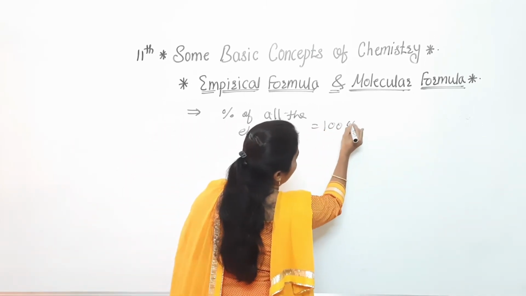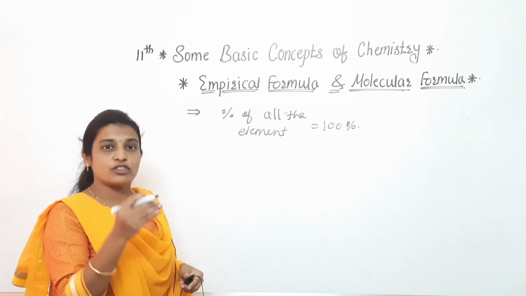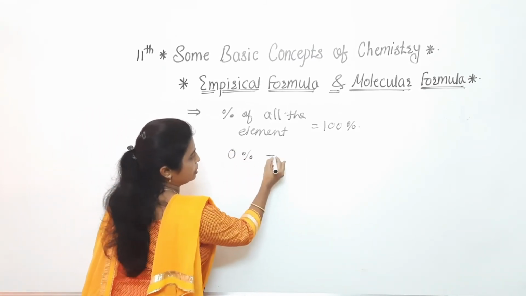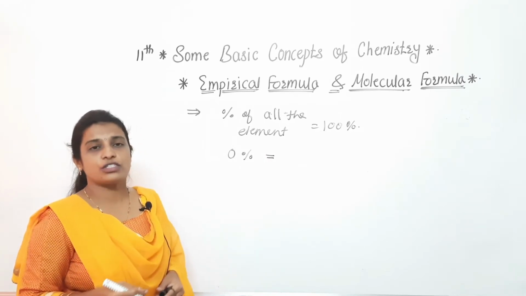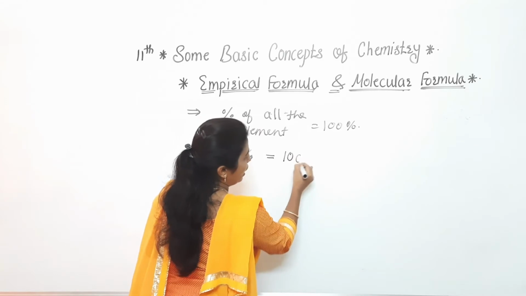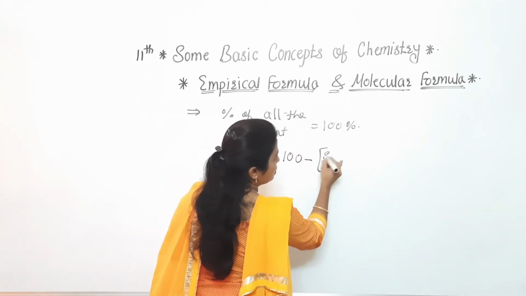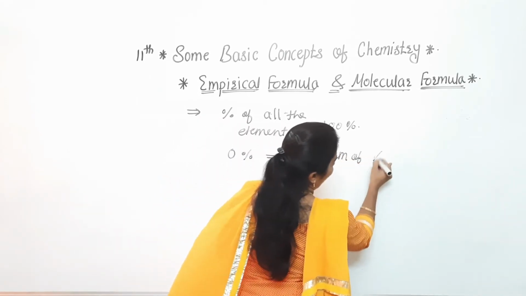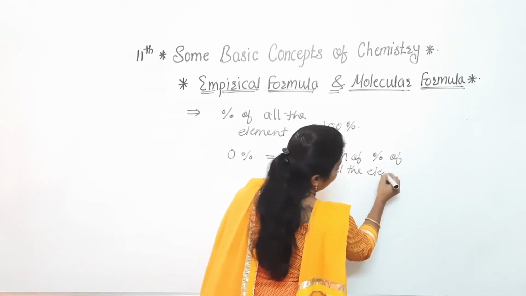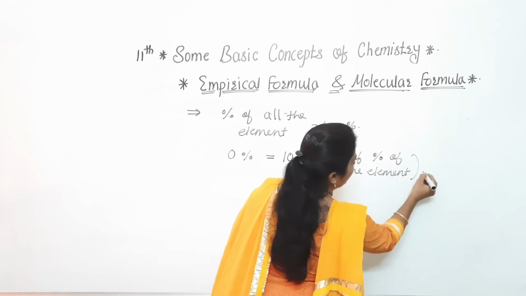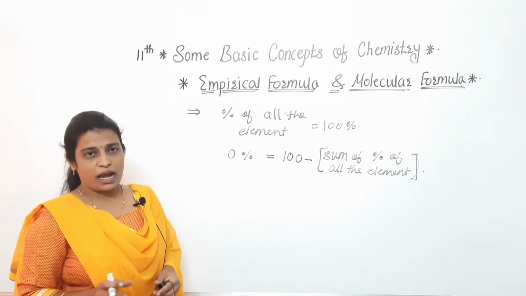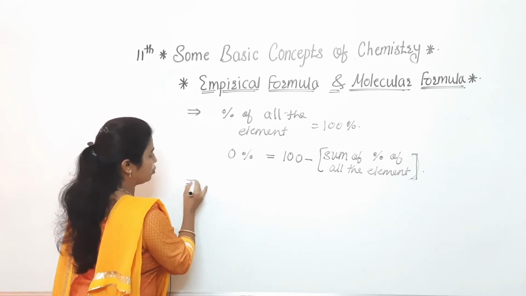If it is 100%, then no issue, but if it is not 100%, then we have to find out the oxygen percentage. Now see the formula for the oxygen percentage calculation. Oxygen percentage is equal to 100 minus the sum of percentage of all the elements. Whatever elements they are giving in the numerical, we have to take their sum and subtract it from 100. So this is the first formula we have to use.